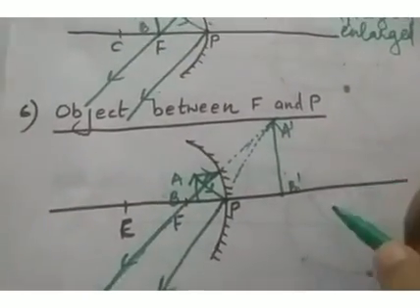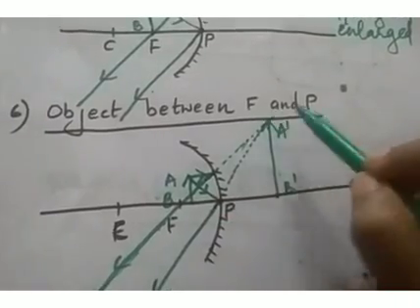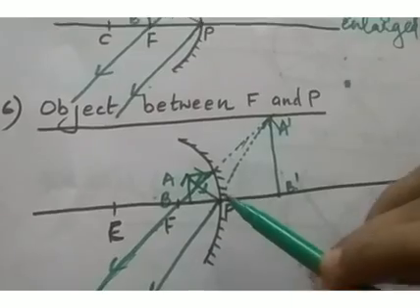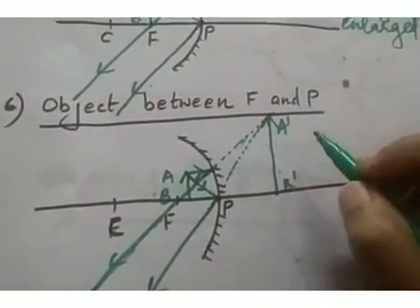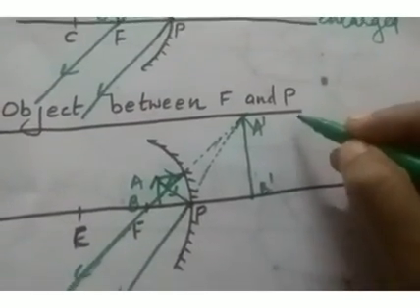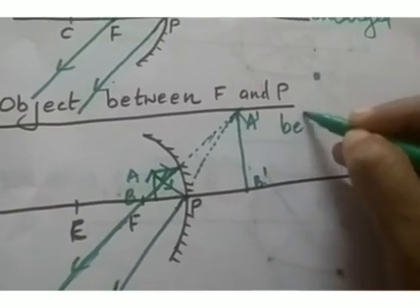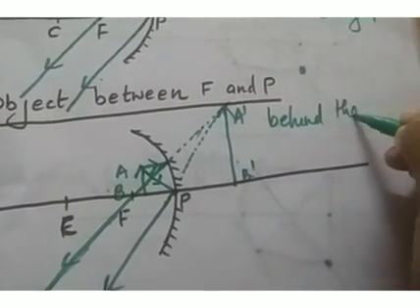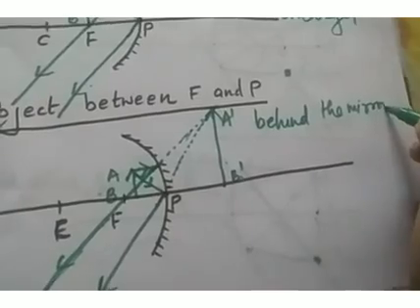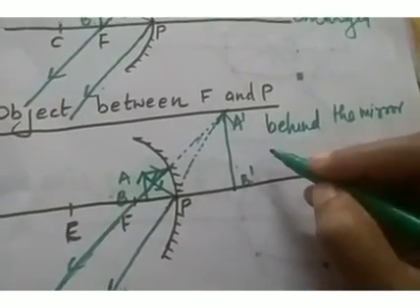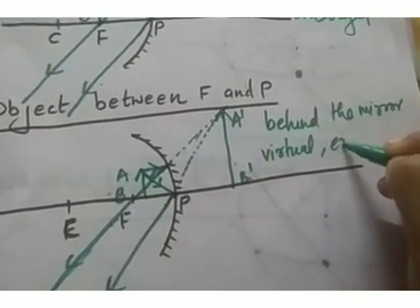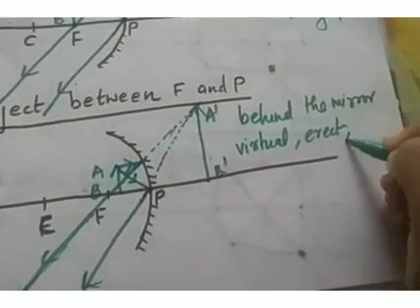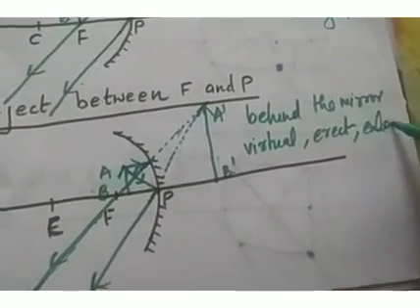See, the real like that. Only for this position, when the object is between focus and pole, the concave mirror produces a virtual image. So where is the image formed? Image is formed behind the mirror. And what is the nature of the image? It is virtual, erect and enlarged.